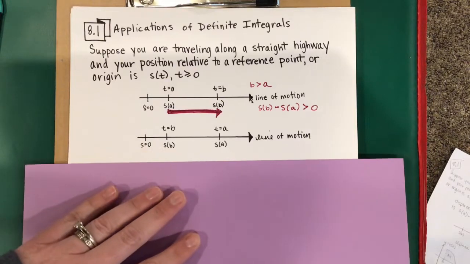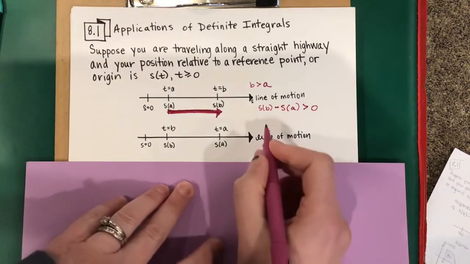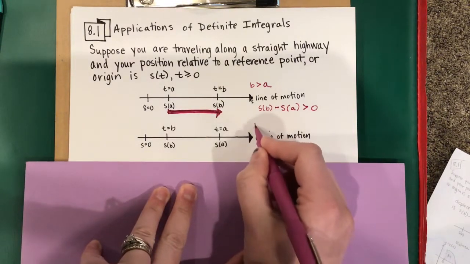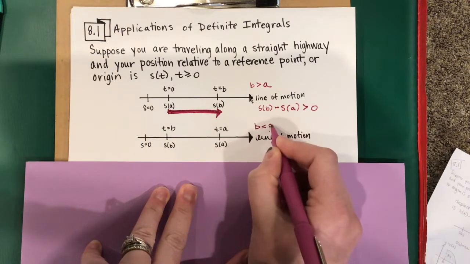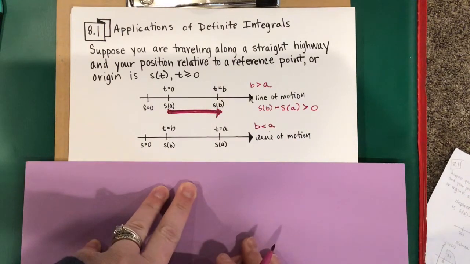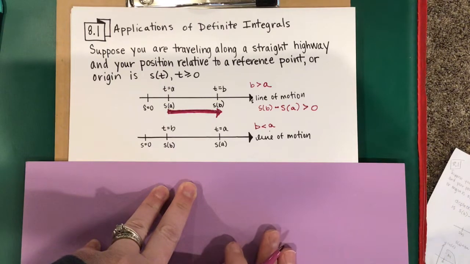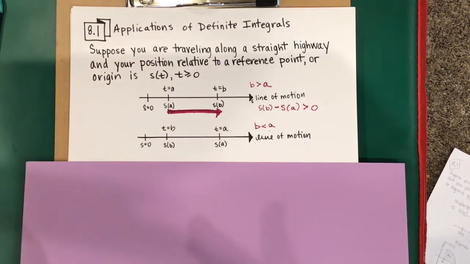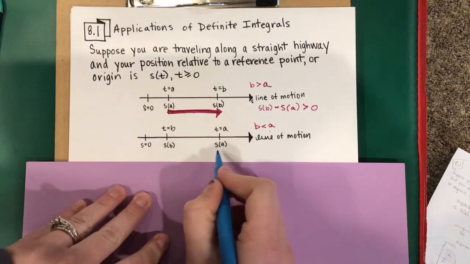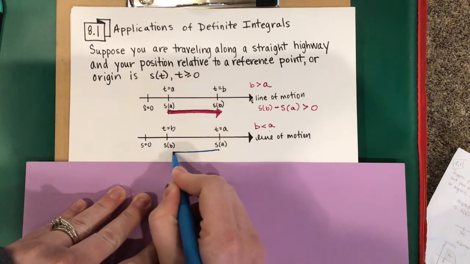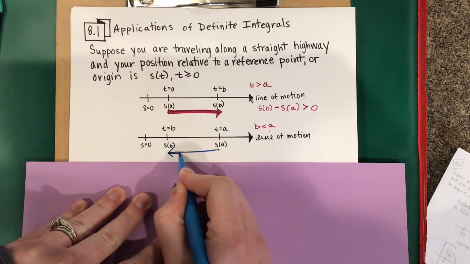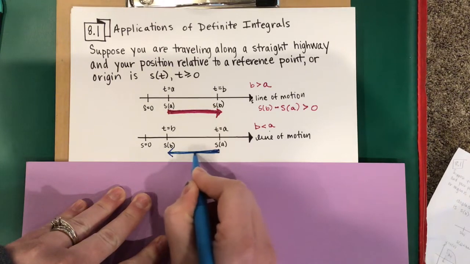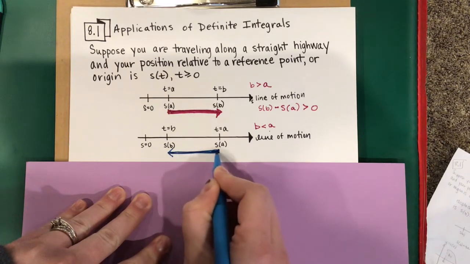Now, if I knew that b was less than a, then when I go to find my displacement, if I'm traveling from A to B, this time I'm going to the left, and that is telling me that I'm moving in a negative direction. I'm moving left.